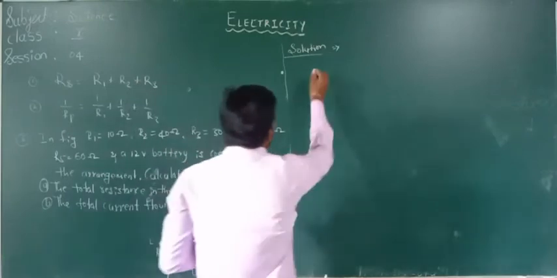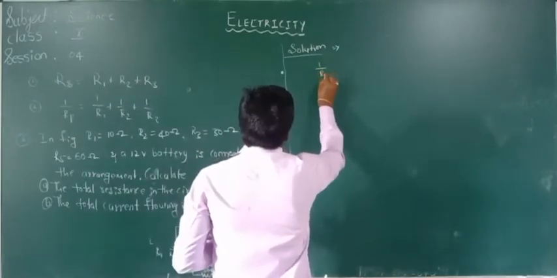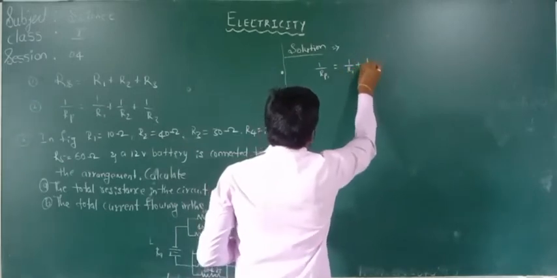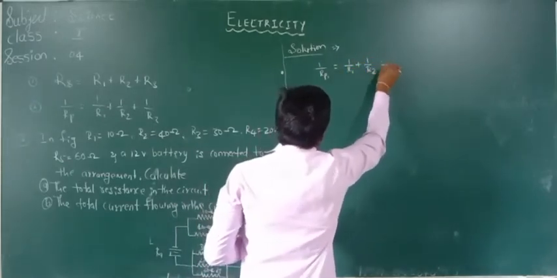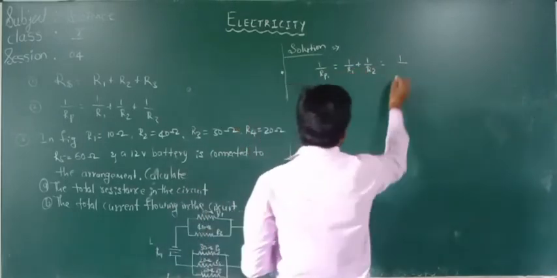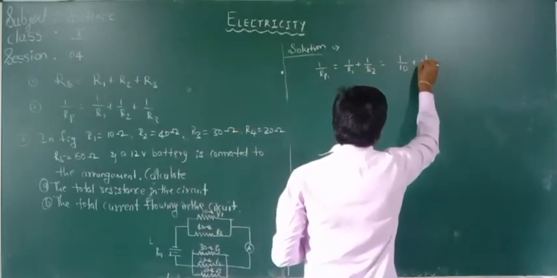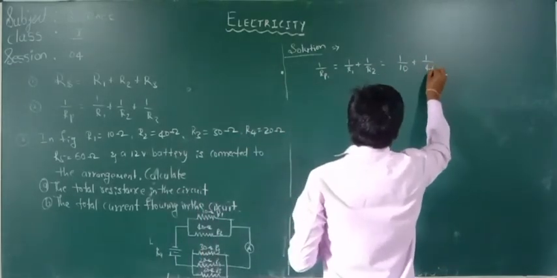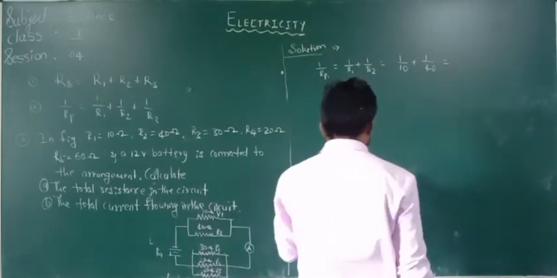Solution: 1 divided by Rp1 is equal to 1 divided by R1 plus 1 divided by R2. That is equal to 1 divided by the value of R1, which is 10 ohms, plus 1 divided by R2, that is 40.